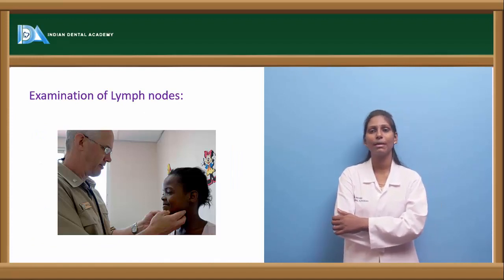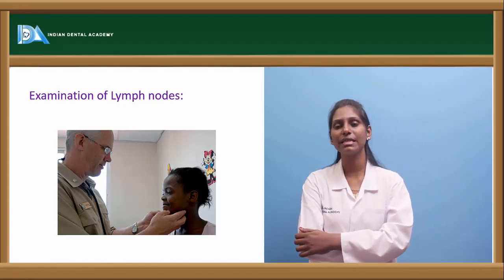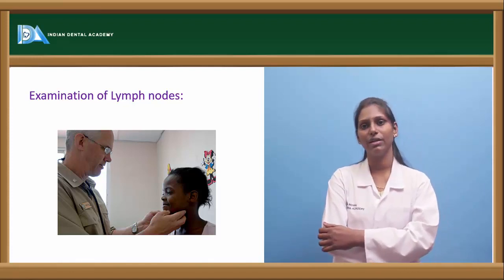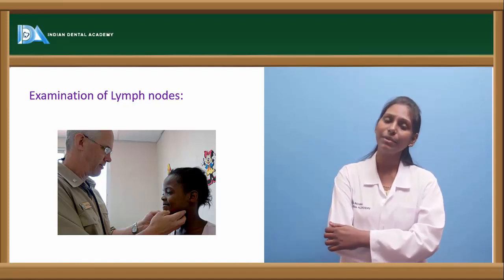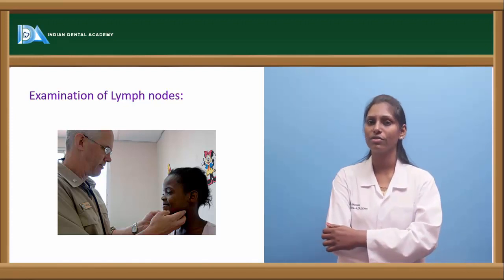Now coming to focal examination, whenever we are checking for lymph nodes, as we have discussed, ulcers can occur in case of some specific infections also, for example tuberculosis. So examination of lymph nodes usually gives us an insight into whether there is any underlying cause for the disease.